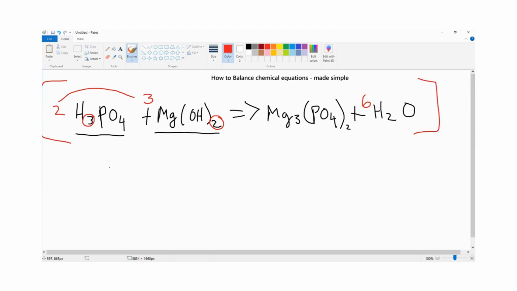Now, just to show you that it's balanced, let's do hydrogen. I believe this is phosphate, magnesium, hydroxide. 1, 2, 4. Same thing over here. Hydrogen, phosphate, magnesium, and hydroxide.